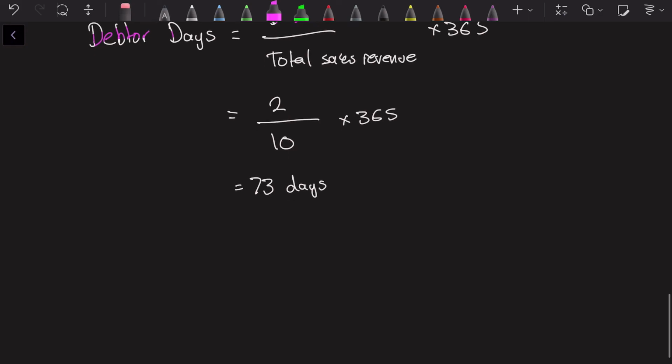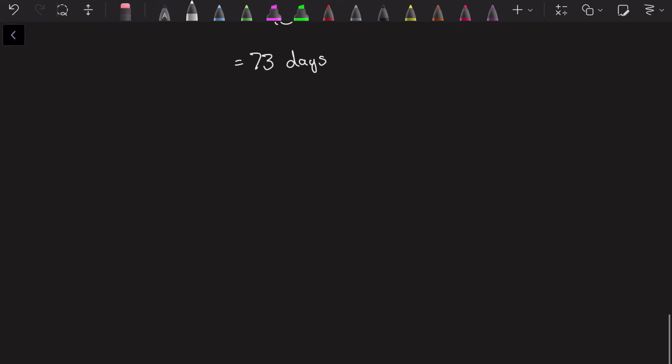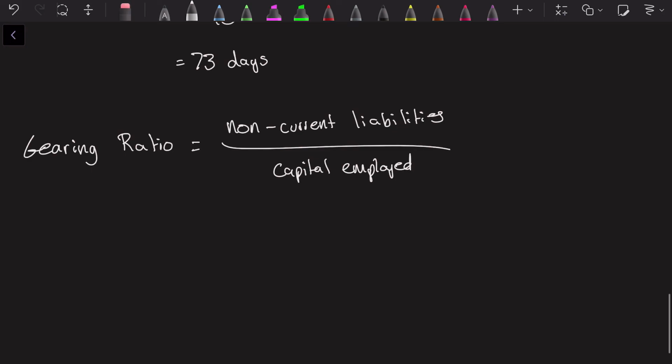Yeah. Okay, next one is the gearing ratio. This is quite a common one in exams. Gearing ratio is equal to non-current liabilities over capital employed. Capital employed, we mentioned earlier, was just the non-current liabilities plus equity.